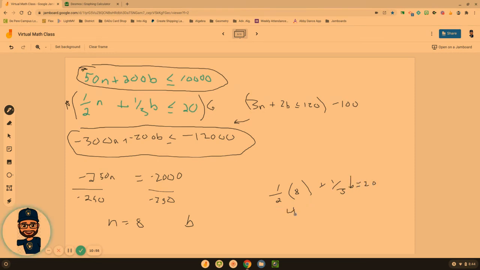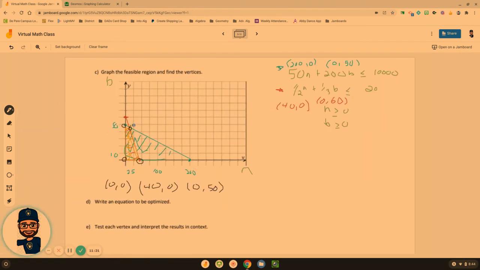Or 4 plus 1/3 b equals 20. 1/3 b would equal 16. So 1/3 of some number has to equal 16. That number is 48. So 8, 48. That's the point that we got for an intersection right up here.